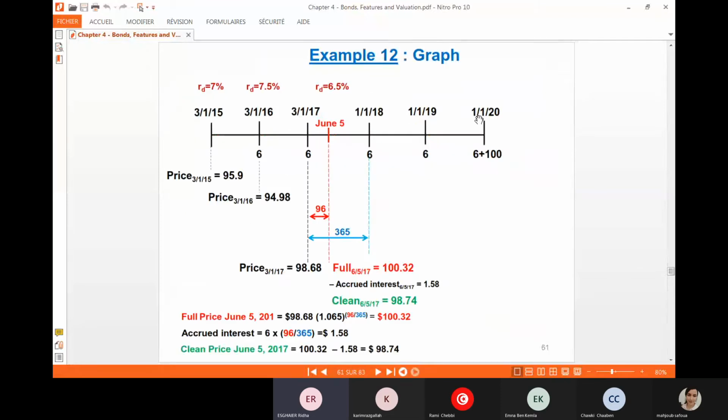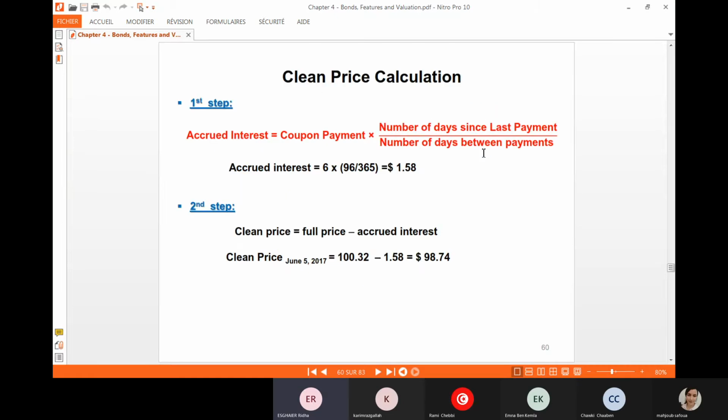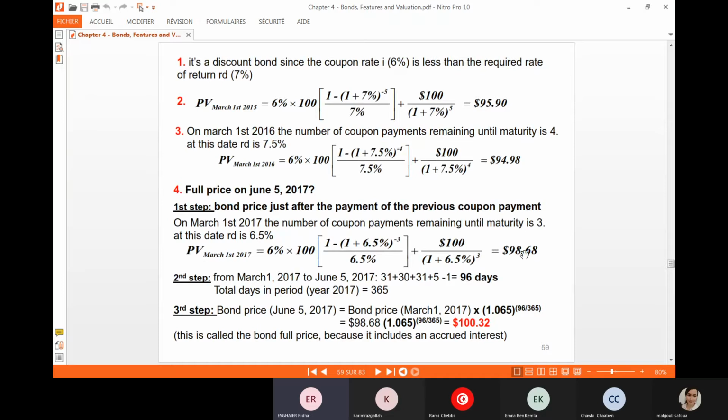You have 1 coupon on March 1st, 2018, March 1st, 2019, March 1st, 2020. We have 3 coupons, okay, 3 instead of 4 here. 3 coupons plus the par value. You get the value of $98.68.